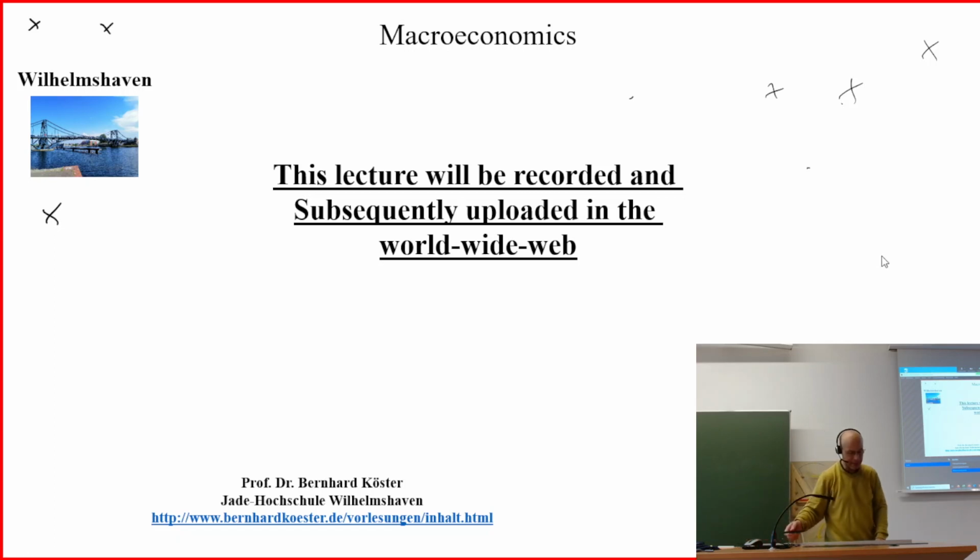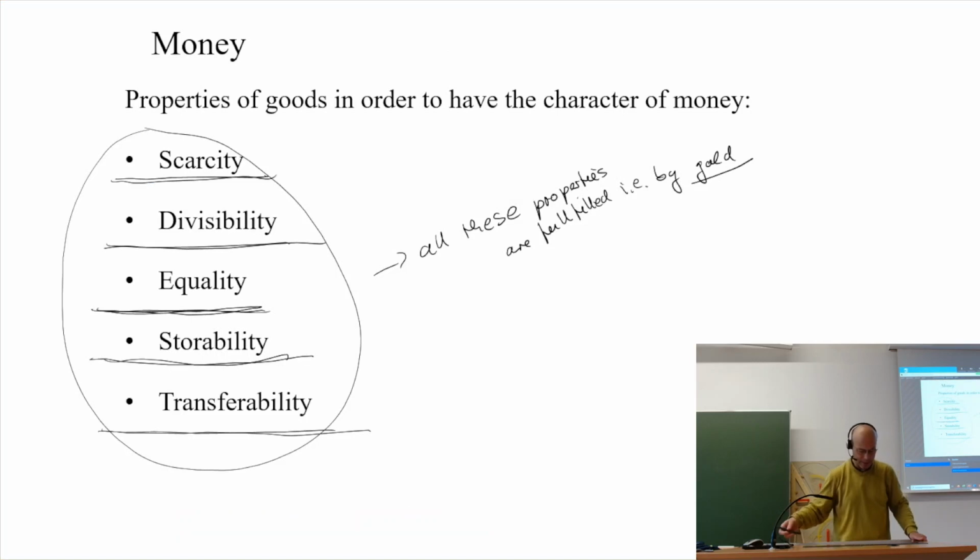Yes, hello everybody. So I learned something very helpful about PowerPoint, and we are in one of the main topics, an introduction of macroeconomics in a developed economy, where we are talking about money, and we introduced what money is.